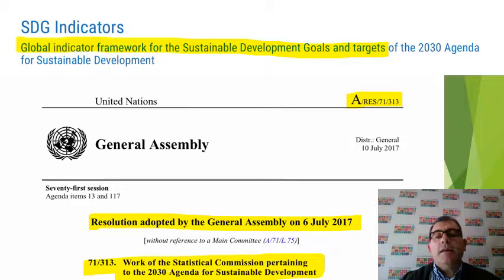These indicators will allow a clear vision of the achievements year by year on the goals and targets. This is a very important tool which makes it possible to compare different situations, different countries, different regions. And this, I think, is one of the best achievements of the SDGs compared with the MDGs.